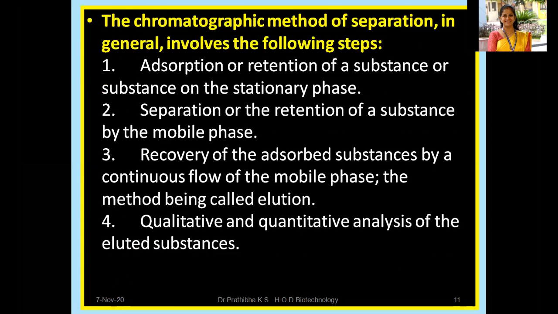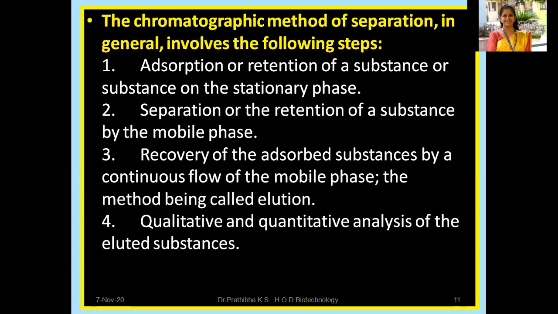The chromatographic method of separation in general involves the following steps. Pay attention. Adsorption or retention of a substance on the stationary phase. I hope you understood the difference between stationary phase and mobile phase. The stationary phase will be stagnant or immobilized, it will not move at all.